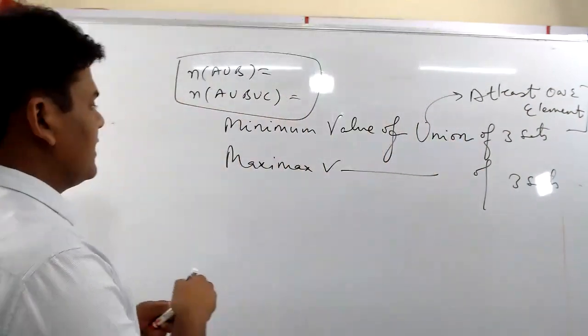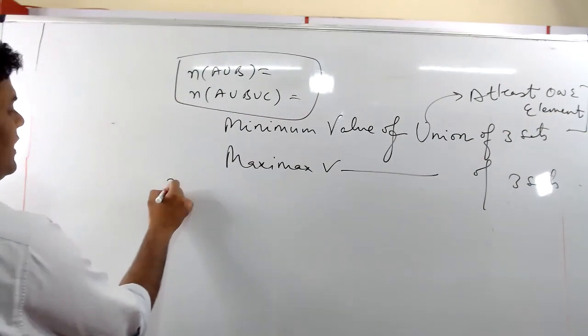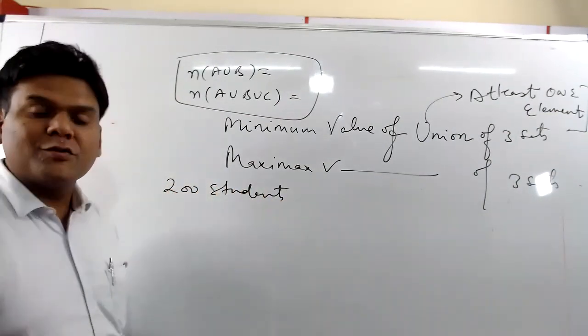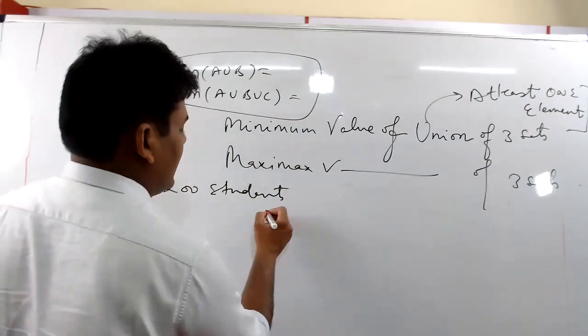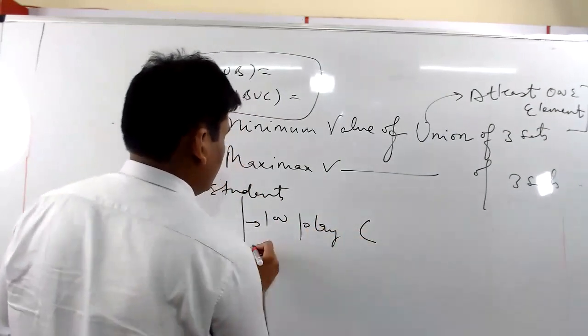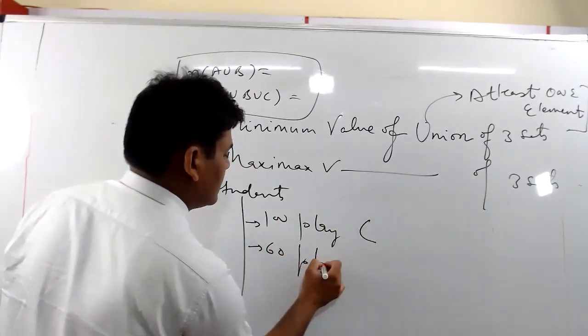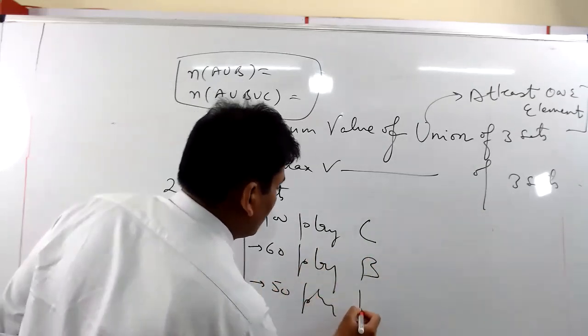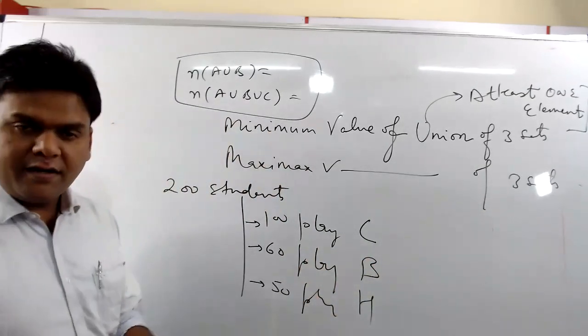The example is, in a school of 200 students, 100 students play cricket, 60 students play badminton, and 50 students play hockey.